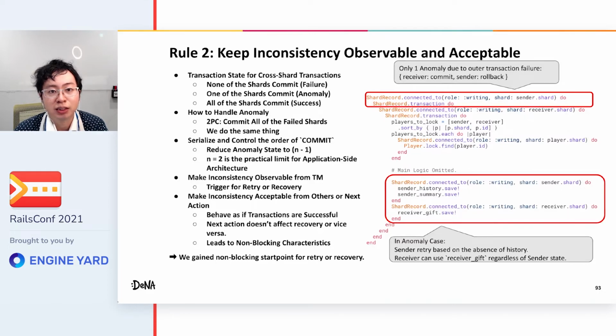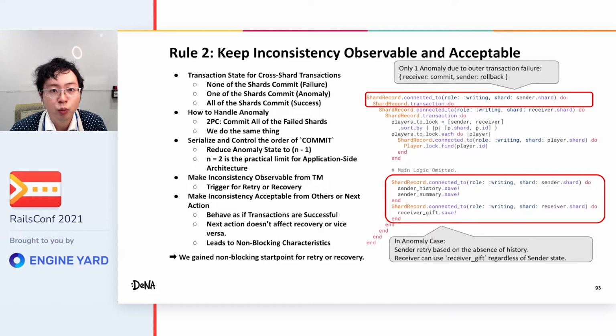Firstly, we serialize and control the order of commit. This reduces the anomaly state to n-1 for the number of resource managers. Secondly, we make the inconsistency observable from the transaction manager. In this scenario, the sender. This is the trigger for retry or recovery.